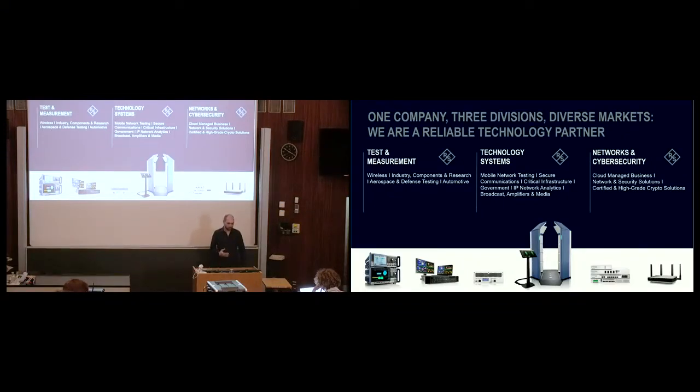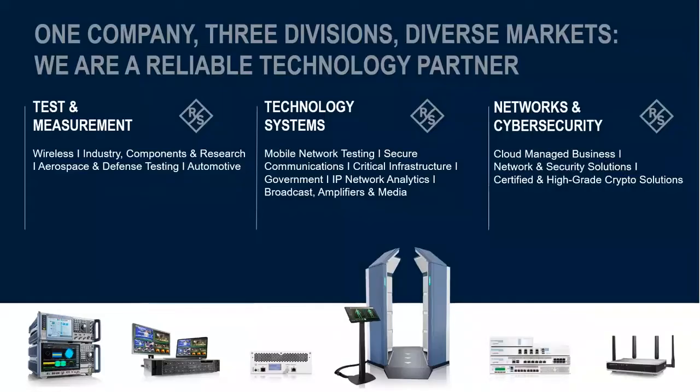Rohde Schwarz is a privately owned company with around 13,000 employees around the world, of which around 3,000 people are working in our headquarters in Munich. Since you all work in quantum optics labs, you have probably already encountered our test and measurement equipment like spectrum analyzers, network analyzers, frequency generators, and so on.